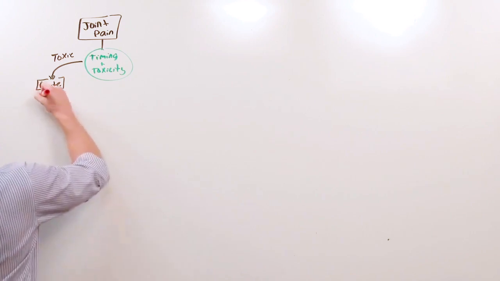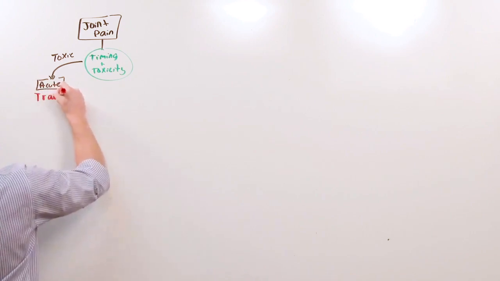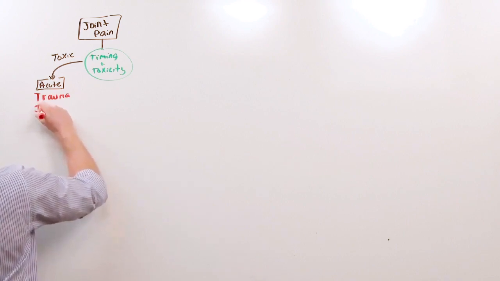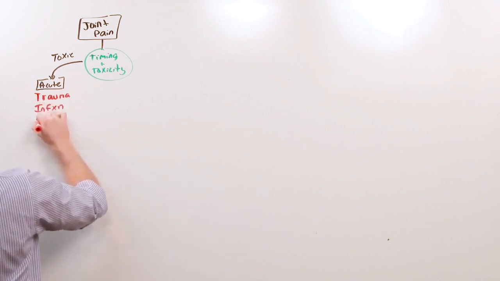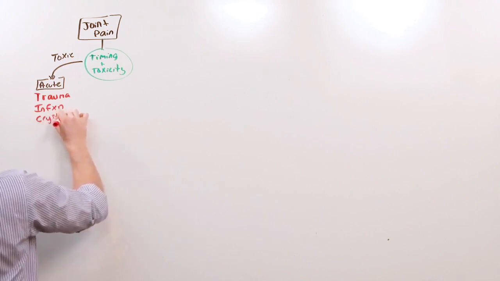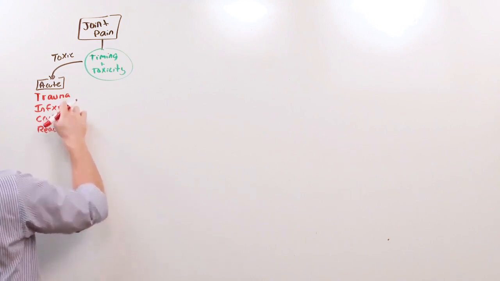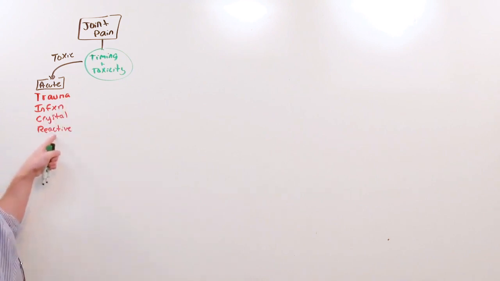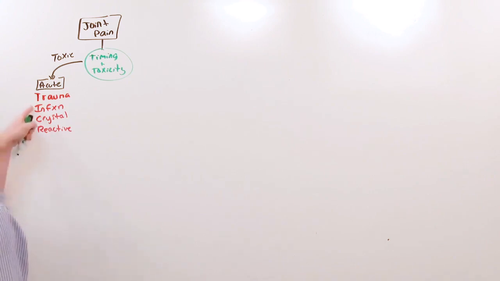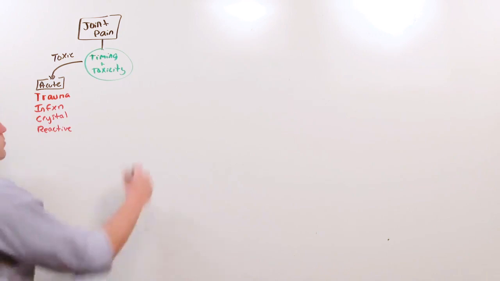And what you're looking at is trauma, infection, crystals, and reactive. And by reactive, I mean you can have gonorrhea literally in the joint, or you could have gonorrhea in your body and it just happens to look like an infected joint. Loss of function, very few diagnoses you need to consider.